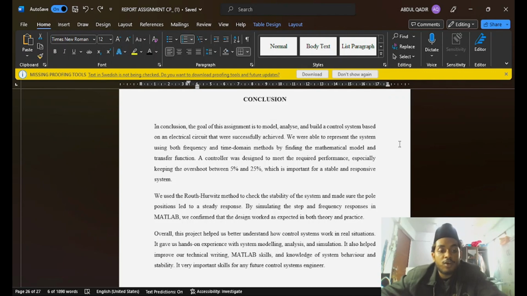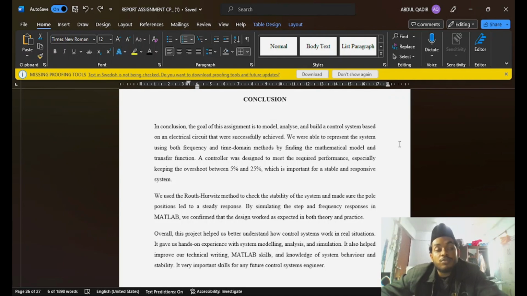So to sum up our final conclusion, this assignment gave us hands-on experience in designing and analyzing a control system from scratch, just using MATLAB. We successfully modeled a system using both transfer function and state space, designed a controller to improve system performance, and analyzed system stability using mathematical and simulation tools.